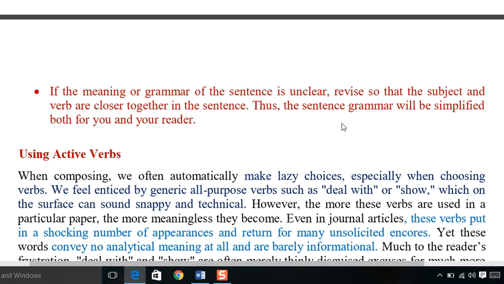Thus, the sentence grammar will be simplified both for you and your reader. You must understand and analyze sentence fragments to find out the subject and verb. Thank you very much. Hope you have understood this.